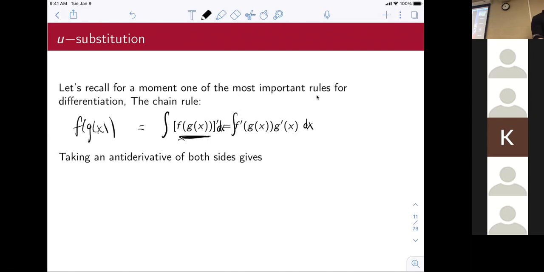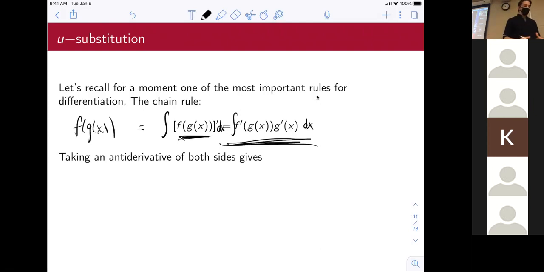When I integrate the right, I don't know what I'm going to get there. This is the whole point. This is what u substitution is all about: integrating something that looks like a composition times the derivative of the inside.